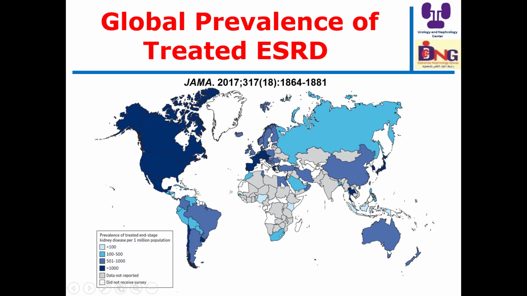If you look here at Egypt, this is the prevalence between 500 to 1,000 per million, and one important point is the data from African countries are either not reported or not available.